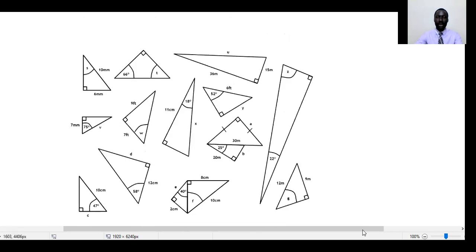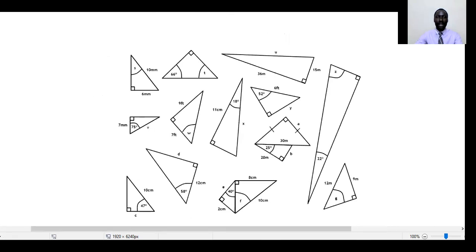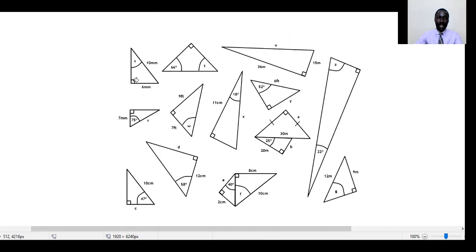For example, this other one has a 90 degree angle here, and so it's a right-angled triangle. We also have this other one with a 90 degree angle right here, forming a right-angled triangle, just like this one, and this one. So basically, all the triangles you are seeing on the screen are right-angled triangles.